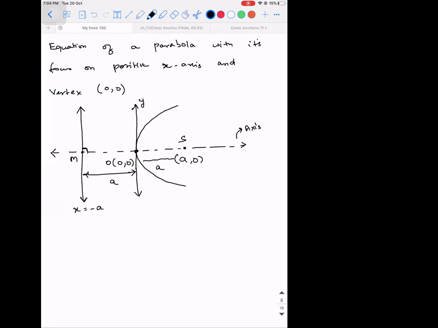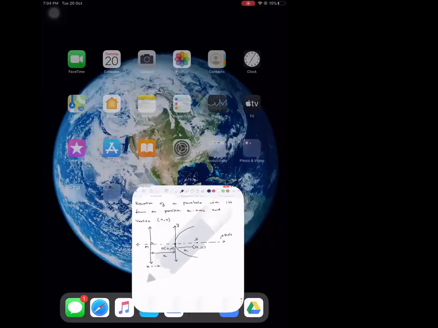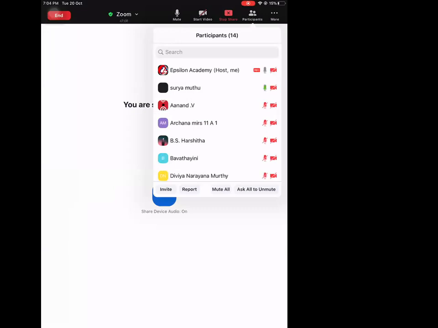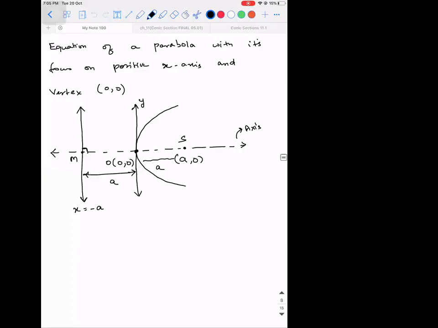So x is equal to minus a. Correct? Am I right? So this is a line which is parallel to the y-axis.